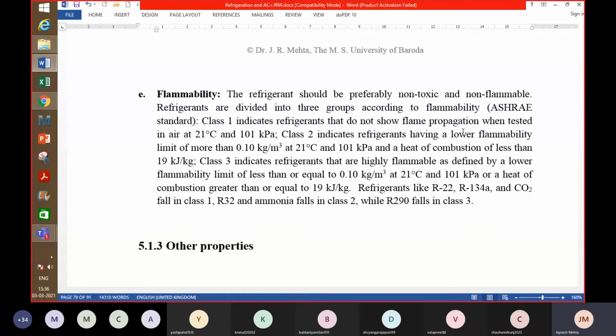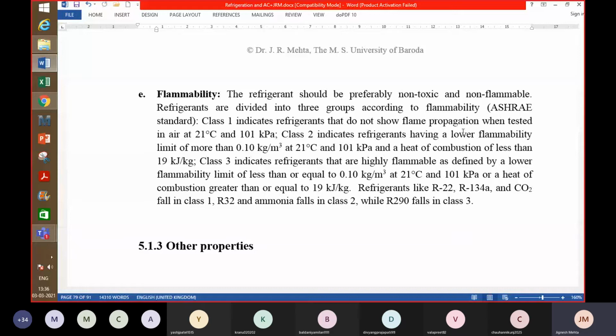Class 2 indicates refrigerants having a lower flammability limit of more than 0.1 kg per meter cube at 21 degrees Celsius and 101 kilopascal, and a heat of combustion of less than 19 kilojoule per kg. Okay, so concentration less than 0.1 is there, and in that case there is no flammability and heat of combustion is less than 19.